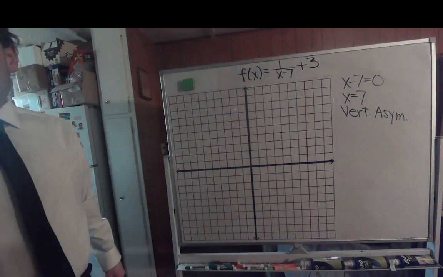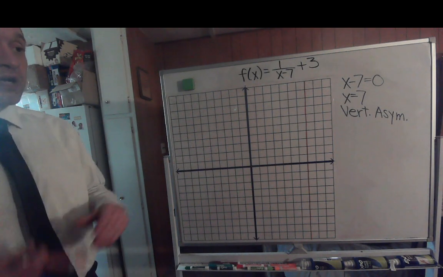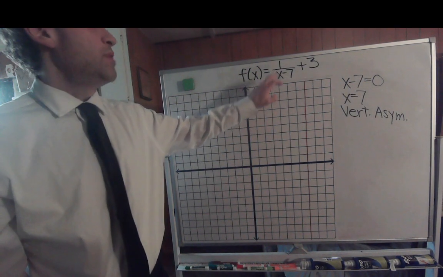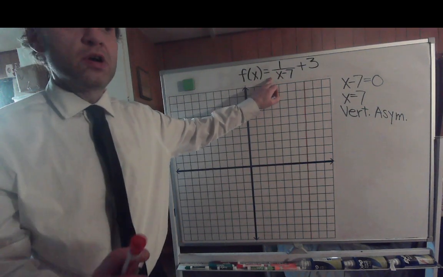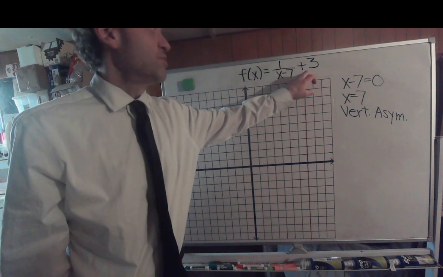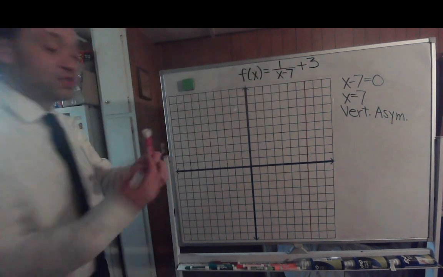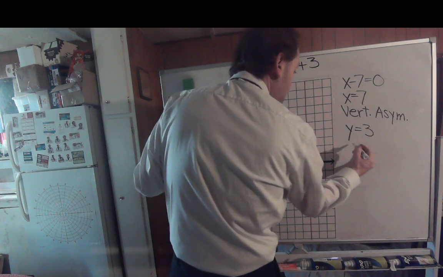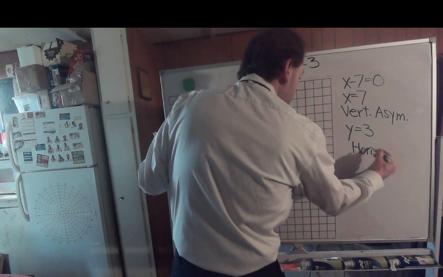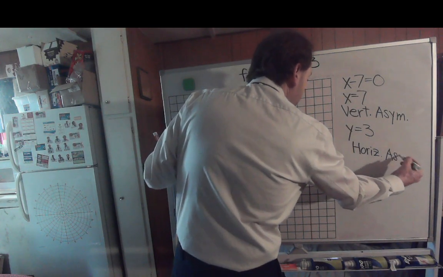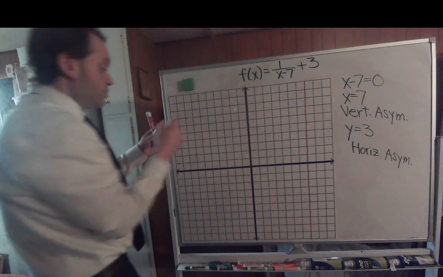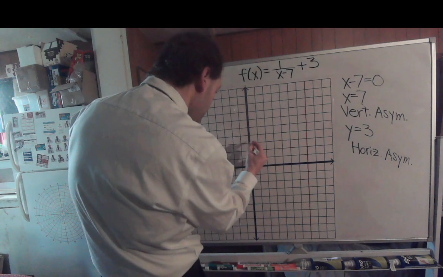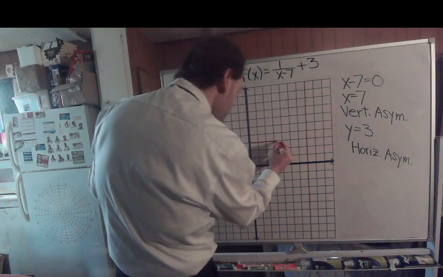Well, what's true here is you have a constant divided by a linear x expression, so by default that would be 0. However, that plus 3 outside of the fraction means you shift everything upward 3 units. So in actuality, y equals 3 will be your horizontal asymptote. So that also shifts your asymptote upward. Let's go ahead and draw that in.